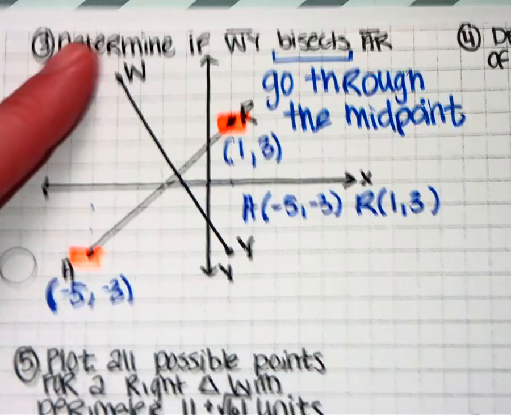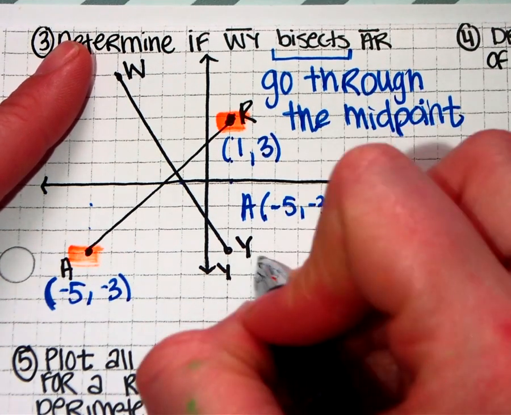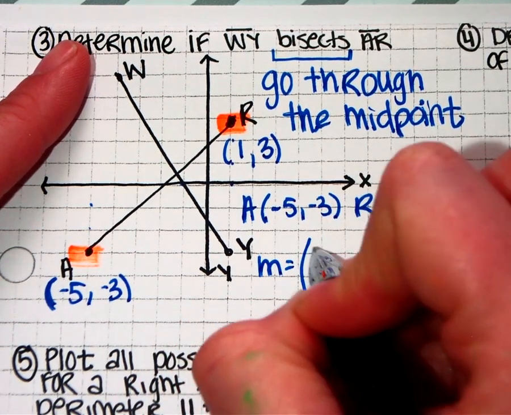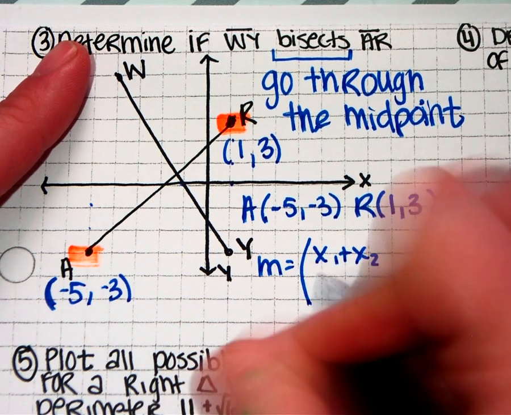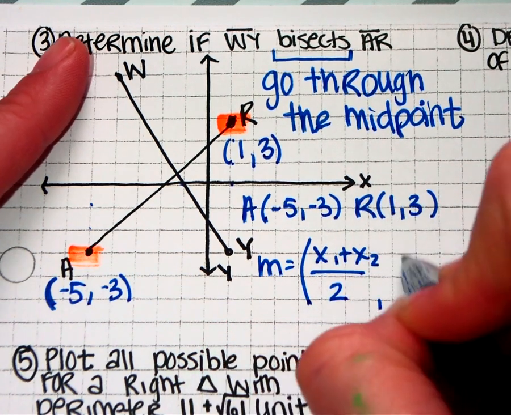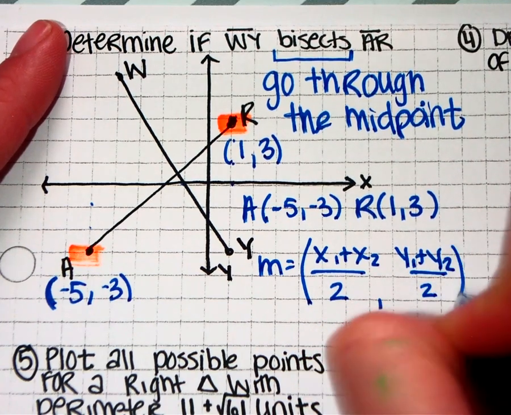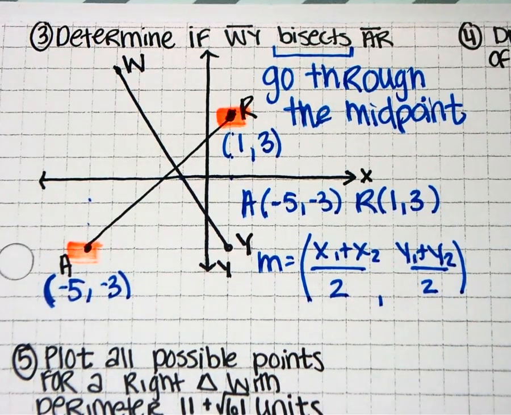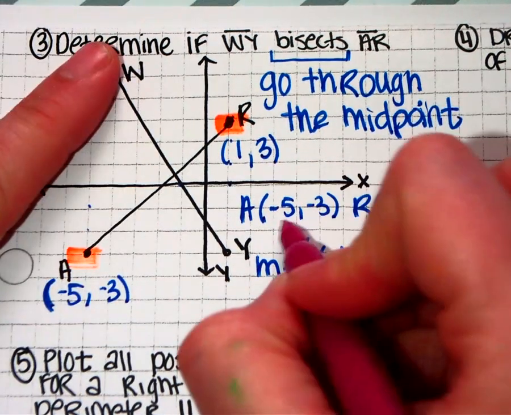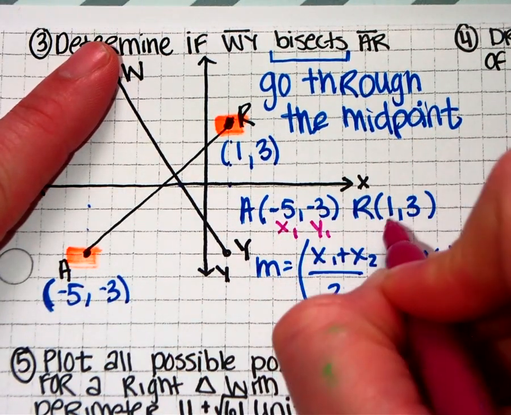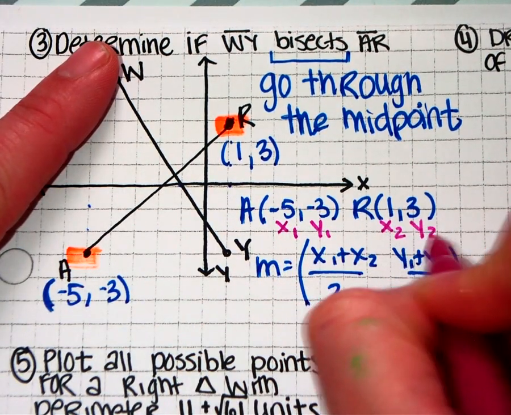We're going to go ahead and use our midpoint formula. The midpoint formula is x sub 1 plus x sub 2 over 2, comma, y sub 1 plus y sub 2 over 2. Make sure that you're labeling your x's and y's, so I get x sub 1, y sub 1, x sub 2, y sub 2.